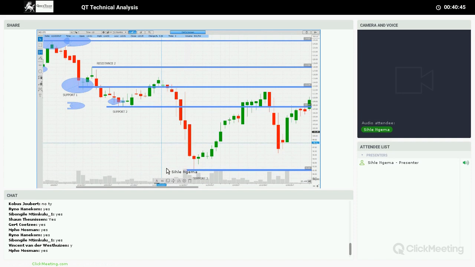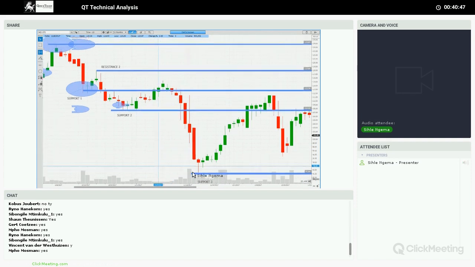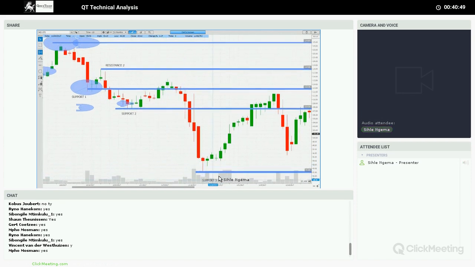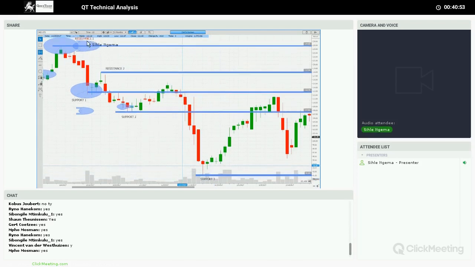And as you can see, from support 3, resistance 1 is higher than resistance 2, support 1 is higher than support 2, support 2 is higher than support 3.